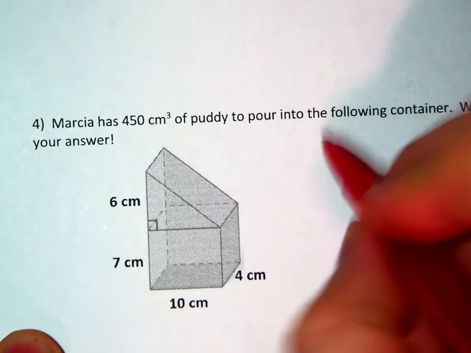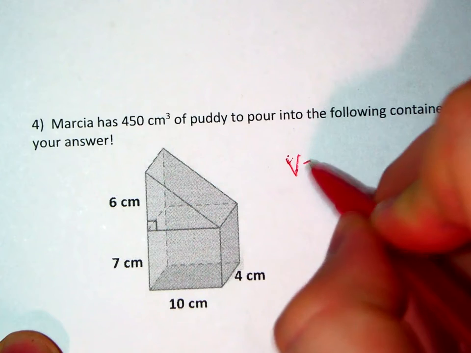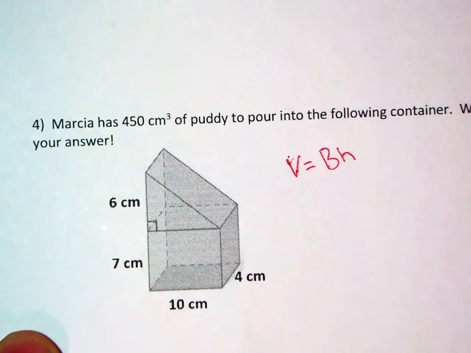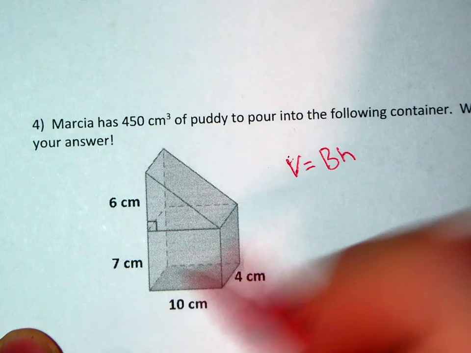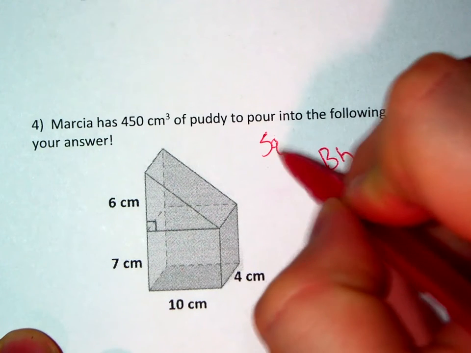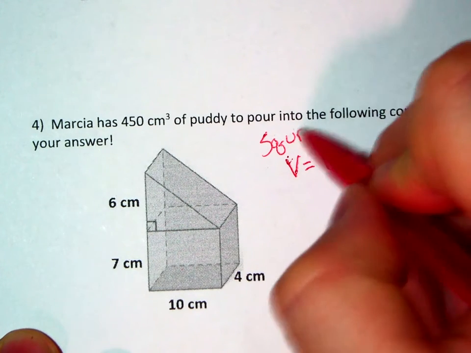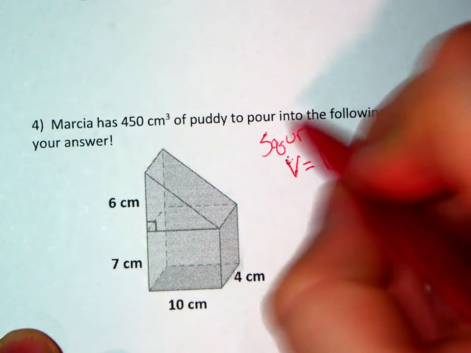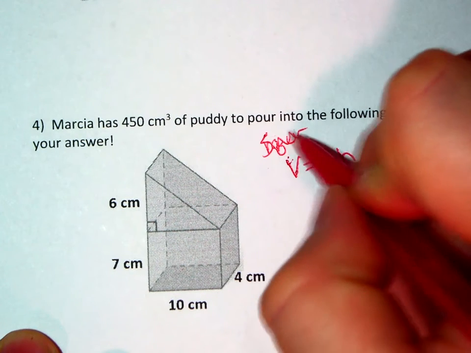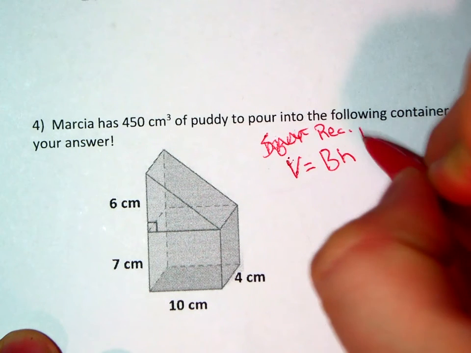And again, I'm going to continue to use the V equals BH formula so that I can get the extra practice doing so. So starting with the square, or I guess we would call that a rectangular prism since it's not really a true square, a rectangular prism.